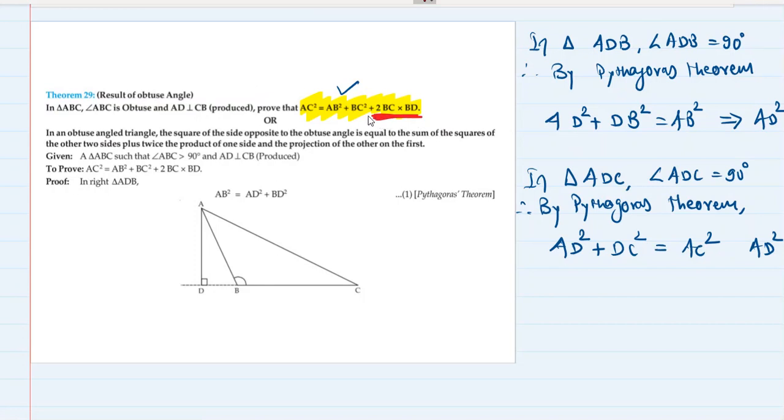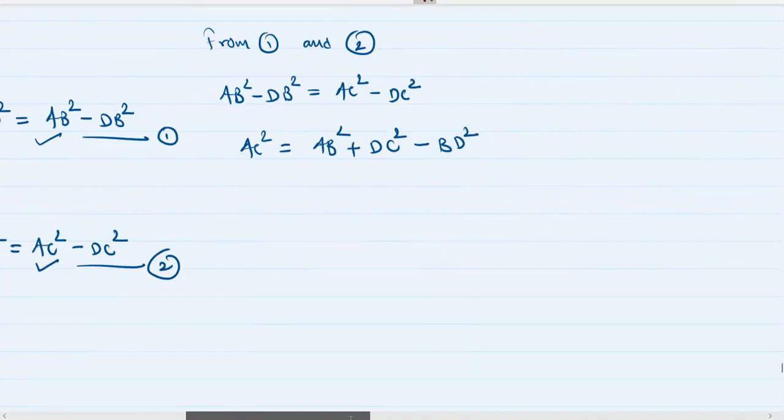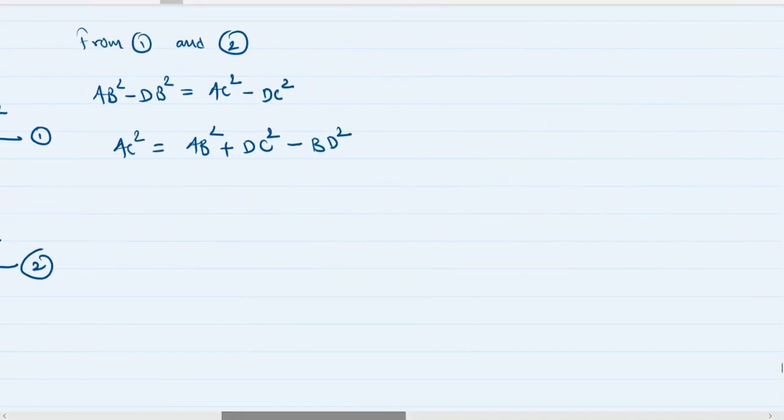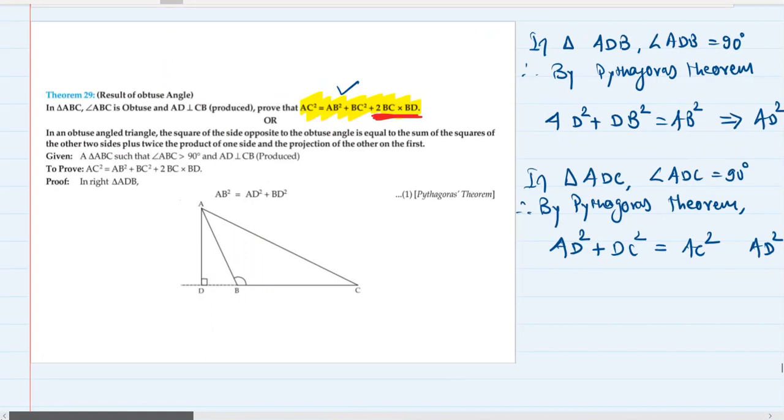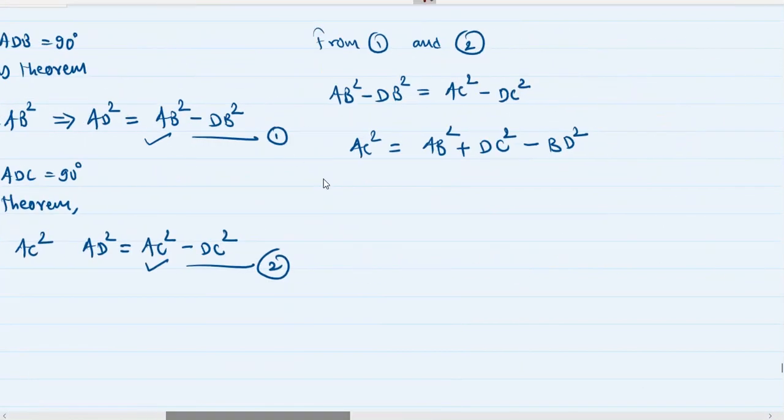You cannot expand BD, because otherwise you will not get 2BC into BD. So you can expand DC so that DC is split in the form of BC and BD. What is DC? DC is BD plus BC.